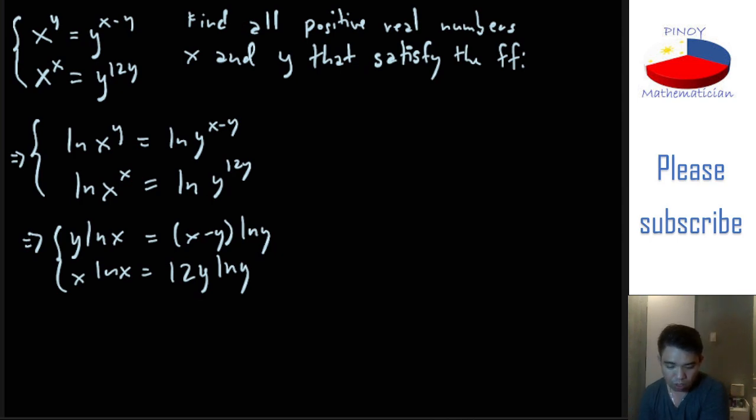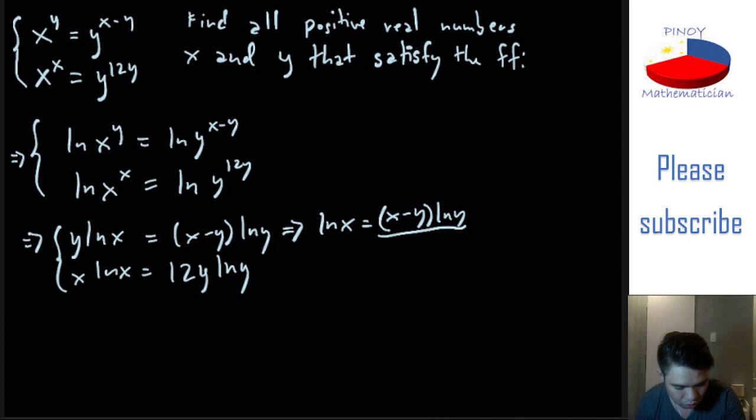All right, so next we're gonna change this one into ln x equals something. We're going to divide both sides by y, so that it becomes ln x equals x minus y ln y, all over y.